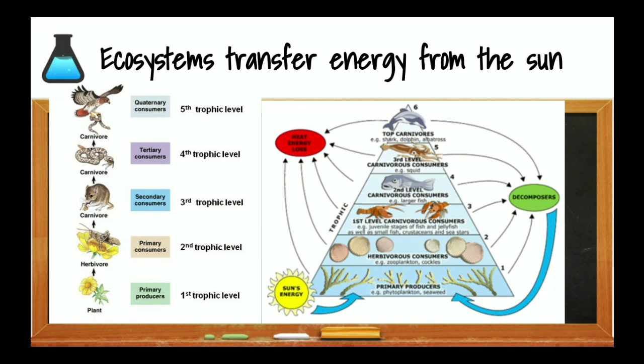Now, every trophic level is able to transfer some energy to decomposers. But an ecosystem, again, is the interaction between the abiotic non-living factors such as sunlight, temperature, water, carbon dioxide, and oxygen, and the biotic factors or the living organisms.